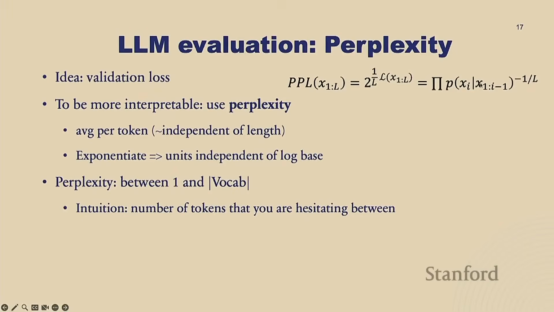If you really have no idea, you predict with 1 divided by the size of the vocabulary, and with simple math you get a perplexity equal to the vocabulary size. So the intuition is that perplexity is the number of tokens your model is hesitating between. If your model is perfect, it doesn't hesitate, it knows exactly the word. If it has no idea, it hesitates between all of the vocabulary.